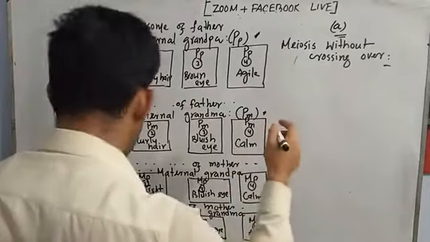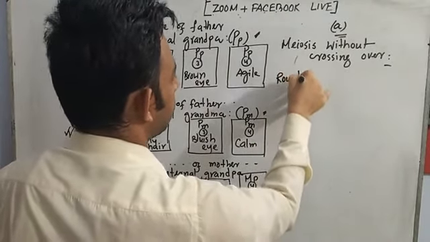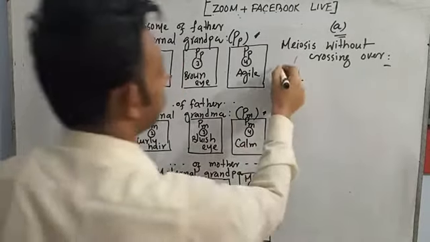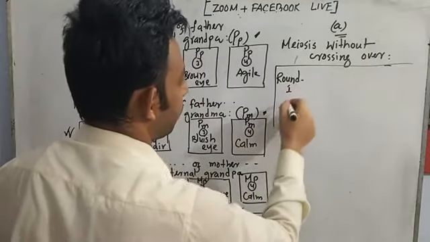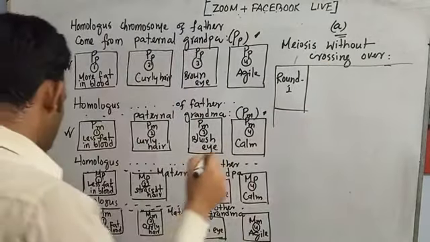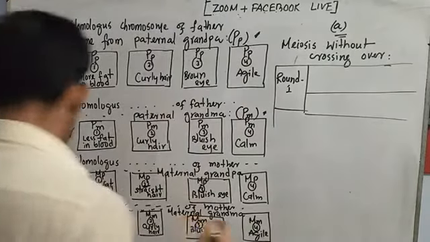Our round 1 is given here. Round 1. What is being done here? Round 2 is in this case, round 1 and this one.